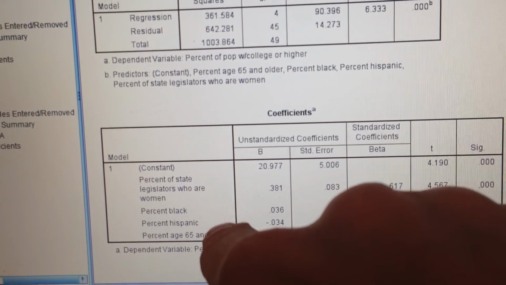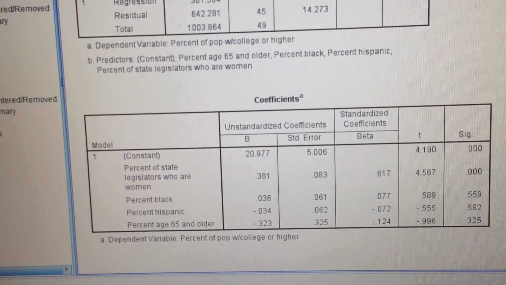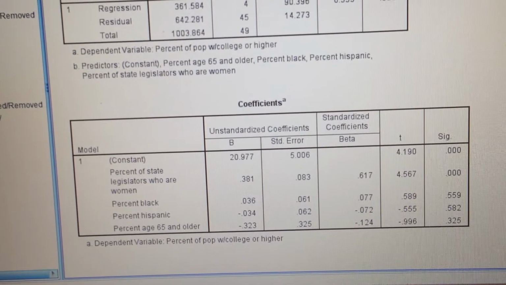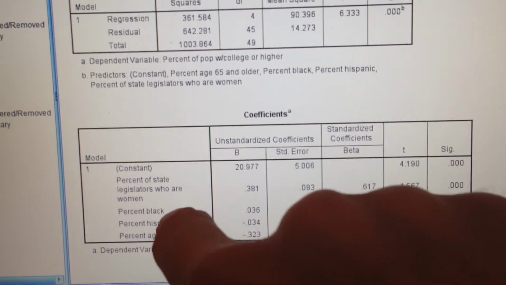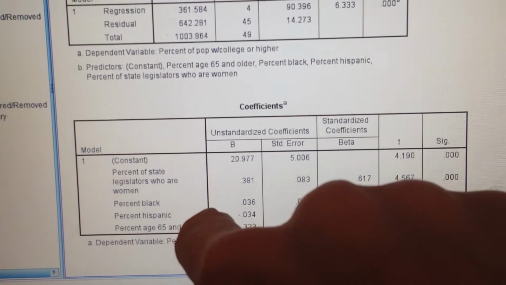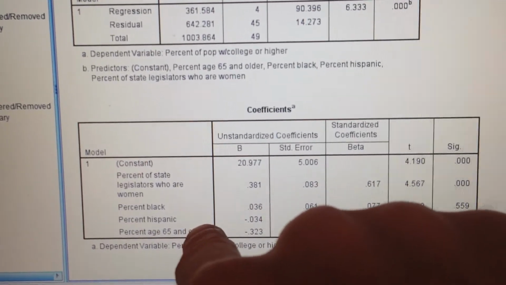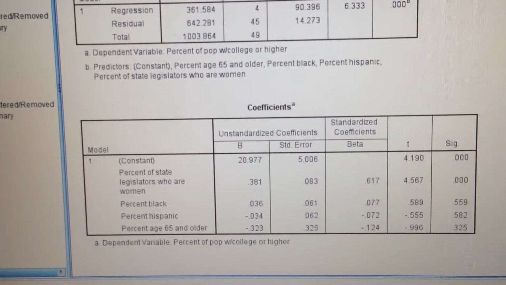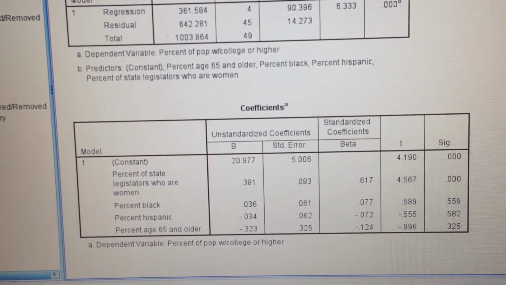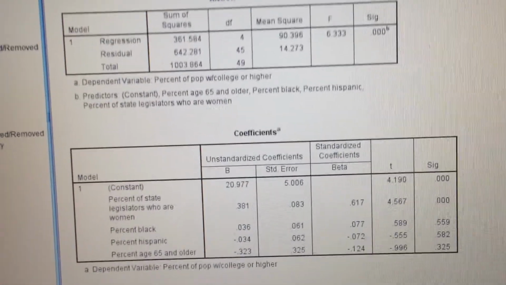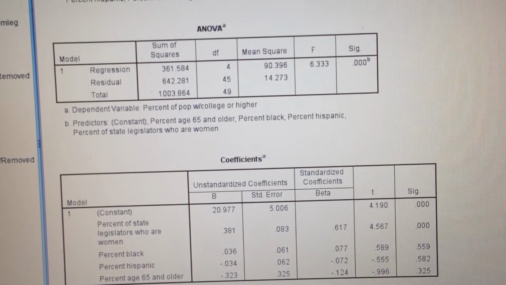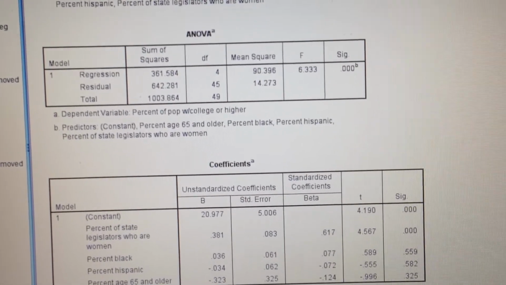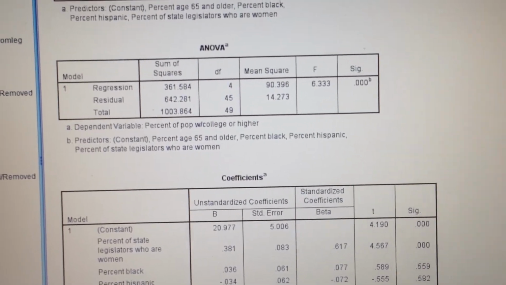In other words, if we know the percentage of females in a state's legislature, the percentage of its black population, the percentage of its Hispanic population, and the percentage of its population aged 65 or older, how likely are we to be able to predict what percentage of its population has a college degree?